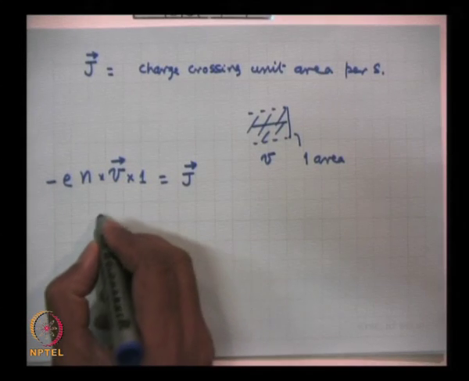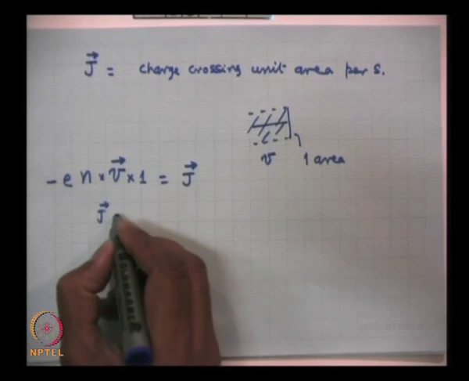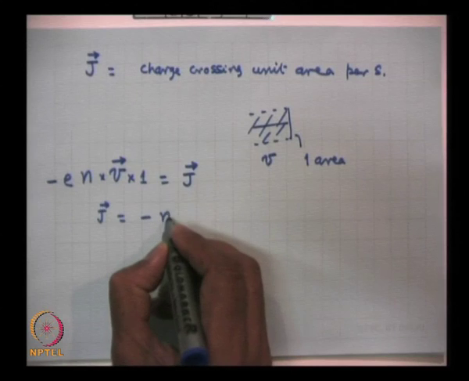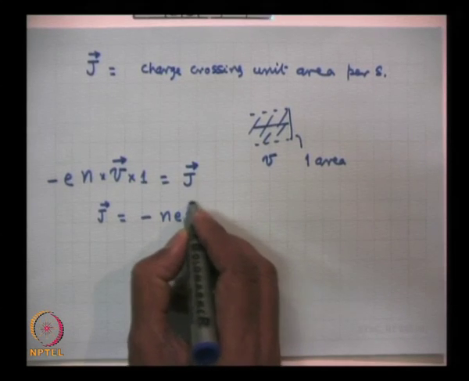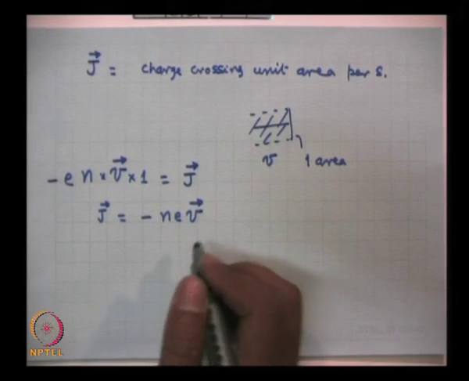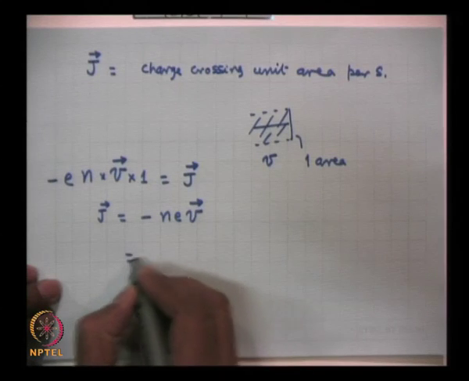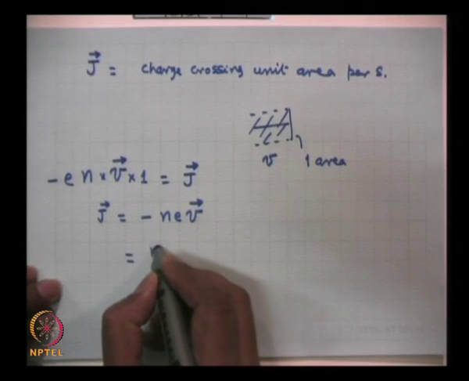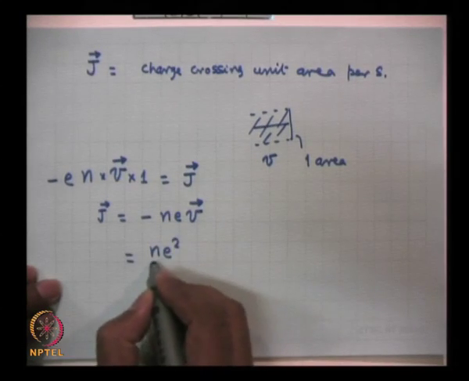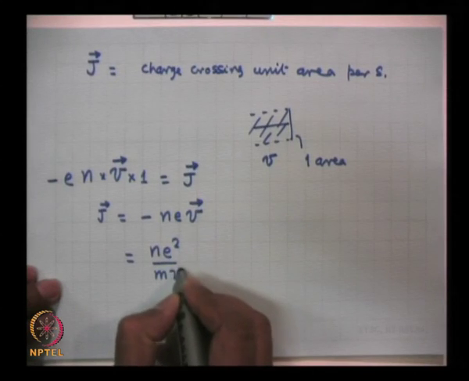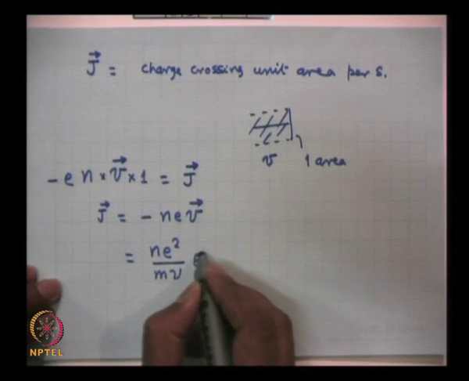So, by definition current density is equal to minus n e v, and the v that we just obtained, if I substitute here, it turns out to be equal to n e squared upon m nu into E.